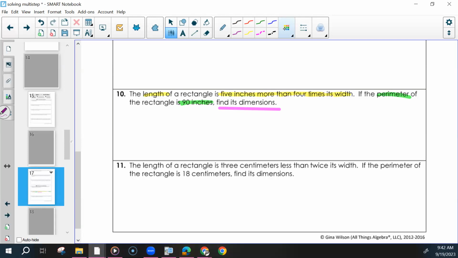So let's set up our variables first. And then let's set up our length equation. Length of a rectangle is 5 inches more than 4 times its width. How would we set that up?